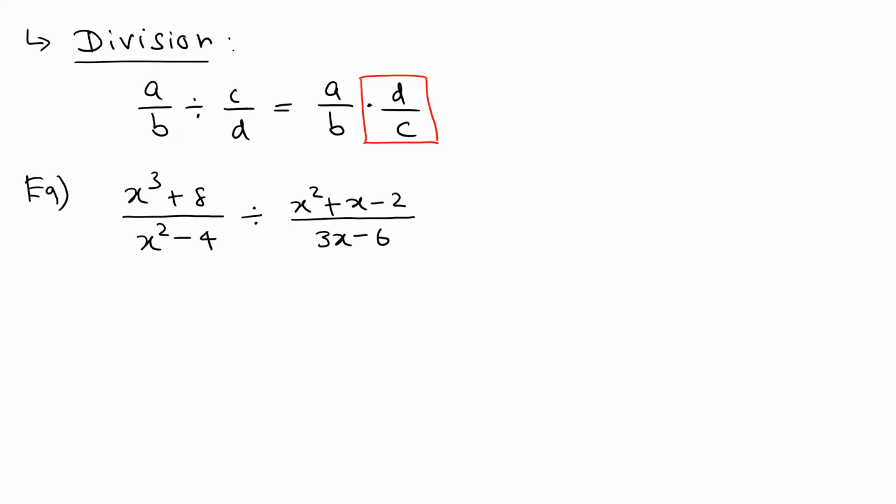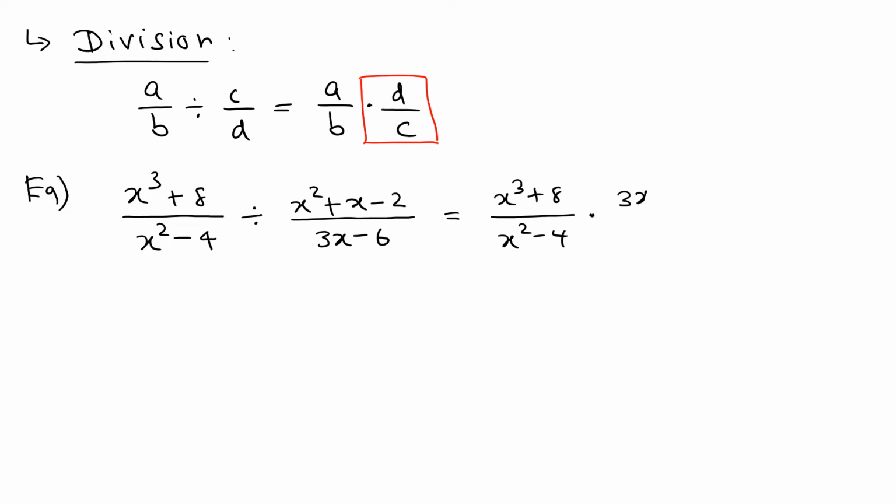We have x cubed plus 8 over x squared minus 4 divided by x squared plus x minus 2 over 3x minus 6. By the theory, we can write the first one as it is, x cubed plus 8 over x squared minus 4, and then make the division a multiplication and flip over.